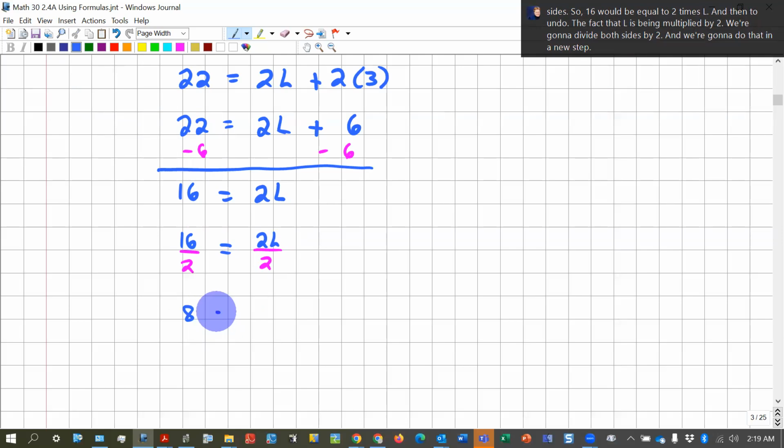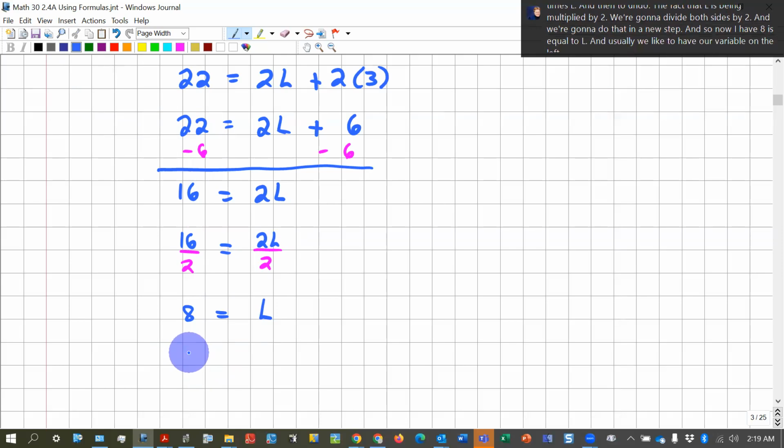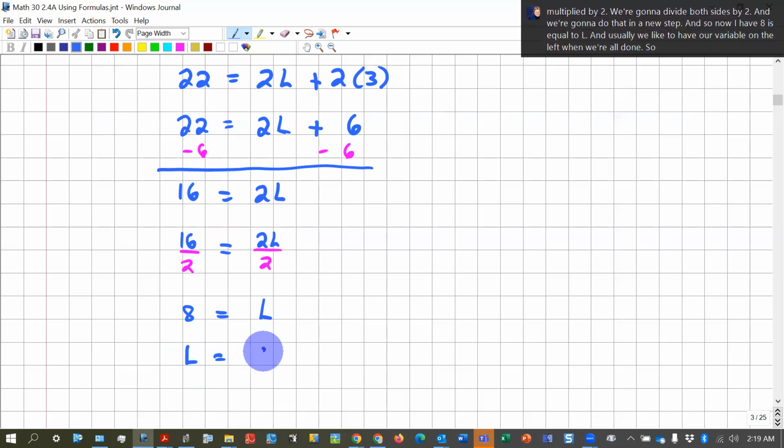And so now I have 8 is equal to L. And usually we like to have our variable on the left when we're all done. So we'll write L equals 8. And equations are symmetric. If one thing is equal to a second thing, then the second thing is equal to the first thing.